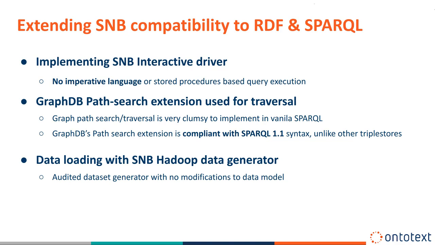That is why, as Atanas mentioned, we needed to introduce our own path search extension that is actually SPARQL 1.1 syntax compliant, and it allows us to do path traversal and find the distance between two given nodes, or from a single node to multiple nodes. That was part of the steps that we needed before we actually started implementing the benchmark itself.